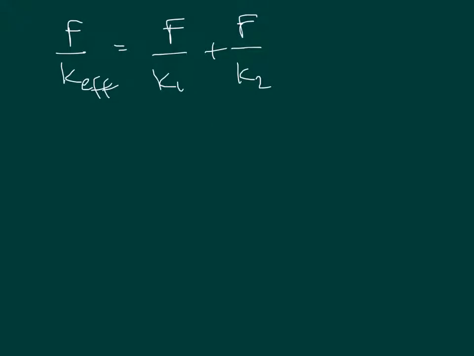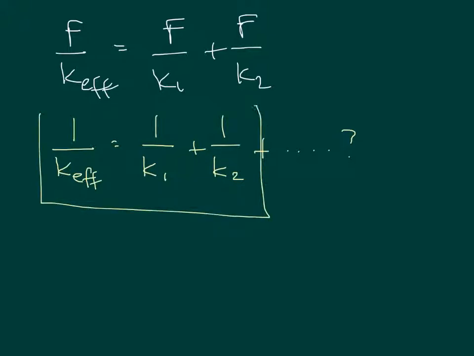So now my overall equation is going to be a series of inverses because my F's drop out. So I get 1 over k effective equals 1 over k1 plus 1 over k2 plus however many others you've got. And that's your total equation. That's what we've got for springs in series.